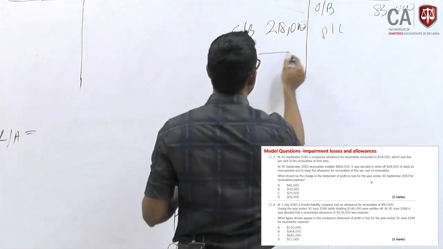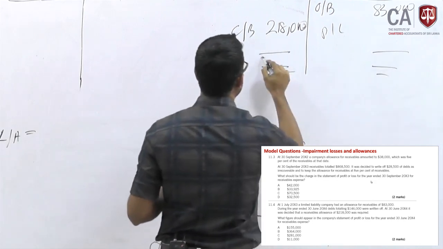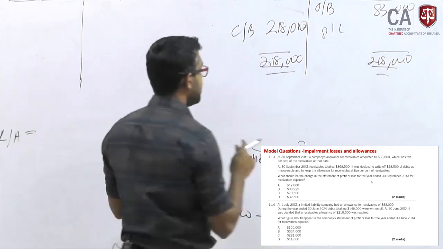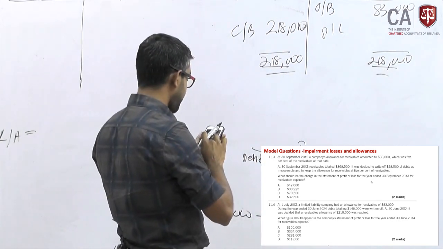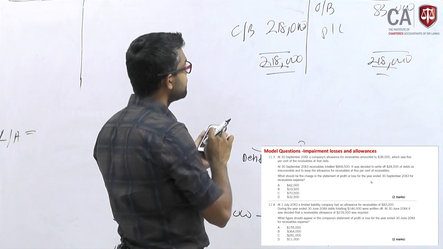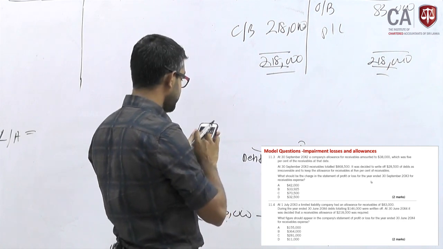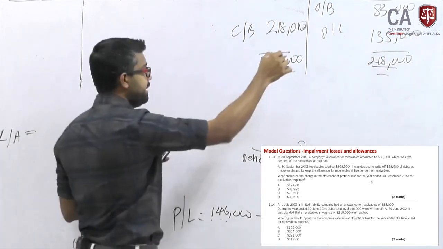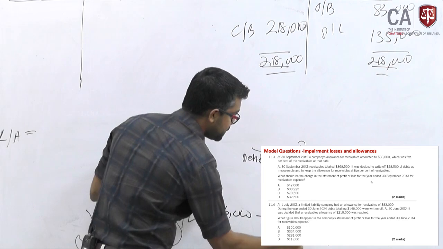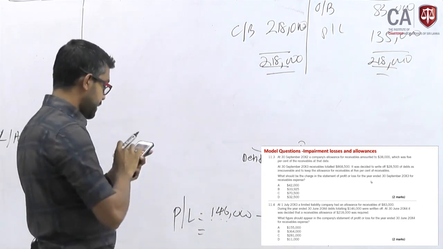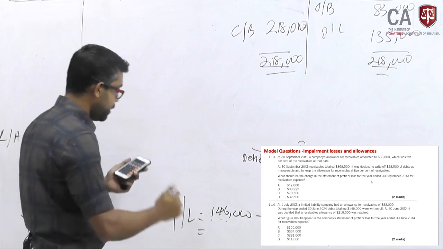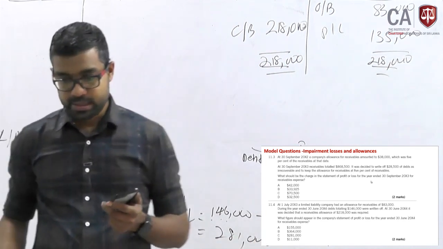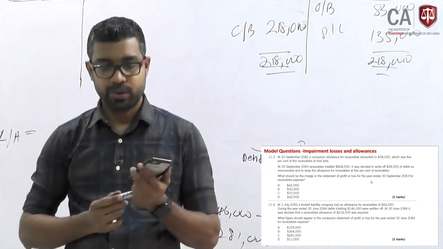Simple; we have enough experience. 218,000 minus 83,000 is 135,000, credit there, debit P&L. 135,000 plus 146,000 is the total P&L amount, 281,000. Answer is C, 281,000.